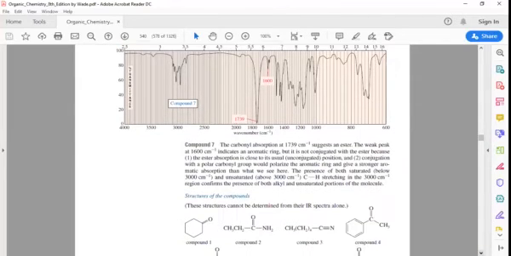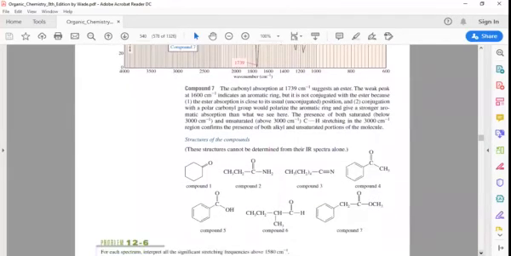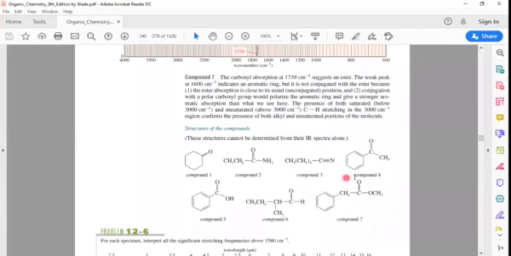Here are the compounds, and you can see this is your compound 7 having an aromatic ring and also this carbonyl. This carbonyl is not attached to the ring, otherwise its value would have been lower because of conjugation. And so these are all the 7 compounds whose spectra we have just discussed.